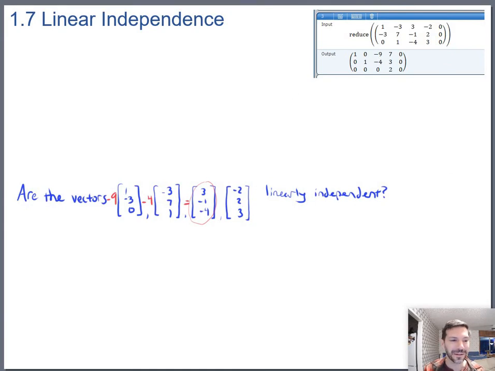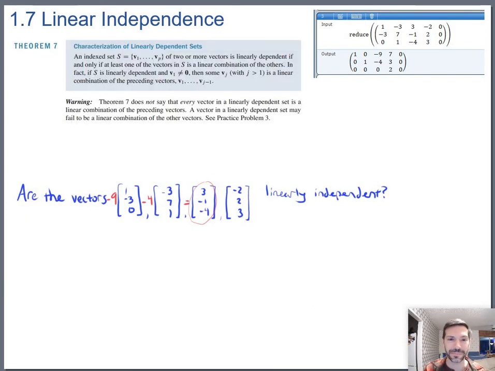But let's go ahead and get Theorem 7, which is not the superpower, and then we'll get to Theorem 8. So Theorem 7, again, is just the book's way of saying what we already know, which is basically a set of two or more vectors is linearly dependent if and only if at least one of the vectors is a combination of the others.